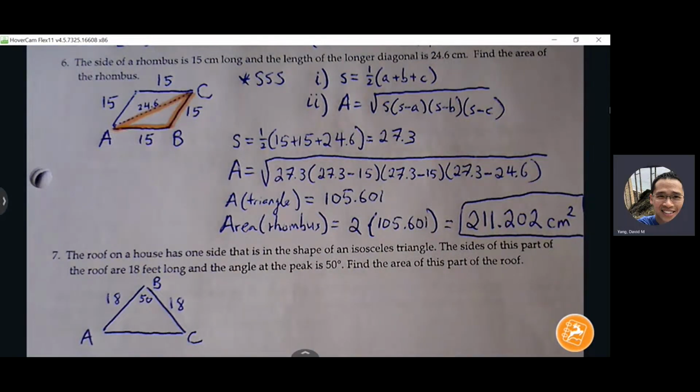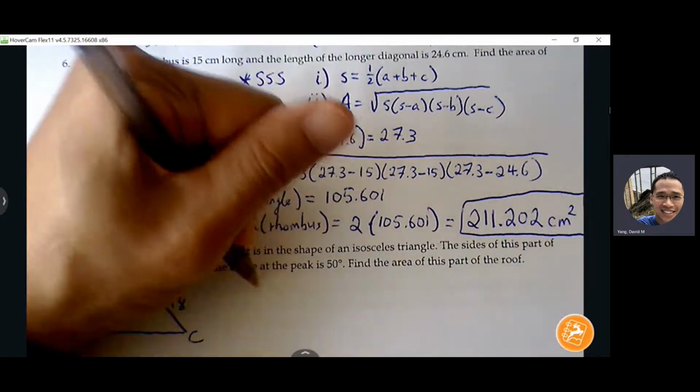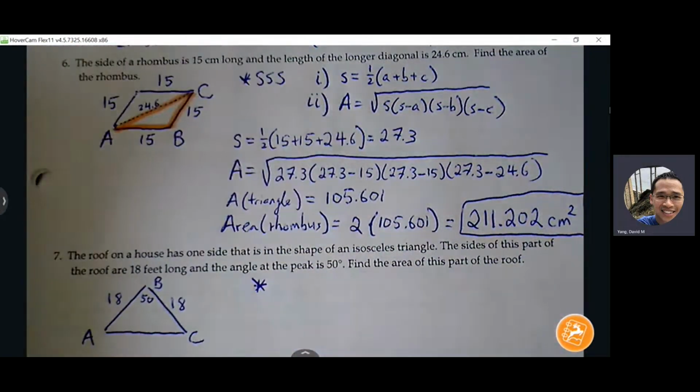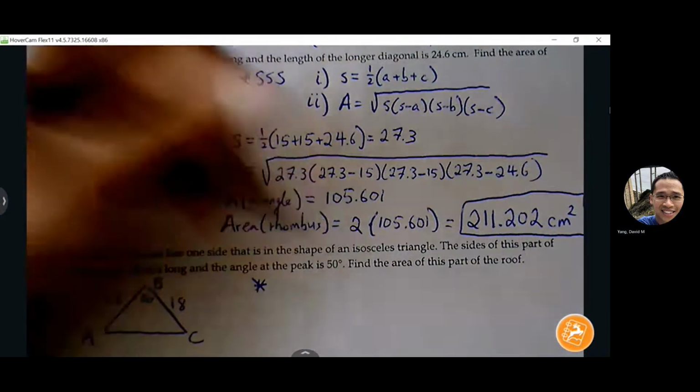So what can I use to find the area here? What information is given to me on this triangle? Side angle side, yep.